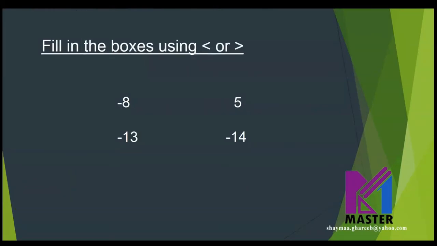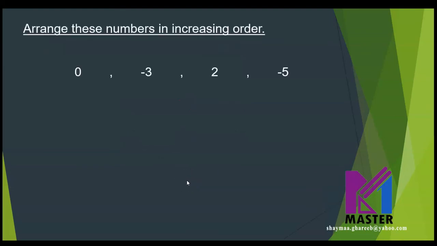Let's start. Comparing -8 and 5, of course, -8 is smaller. -13 and -14, so -13 is one more, bigger than -14, so of course it's bigger than -14. Arrange these numbers in increasing order, and we said increasing is the same as ascending, start from the smallest.